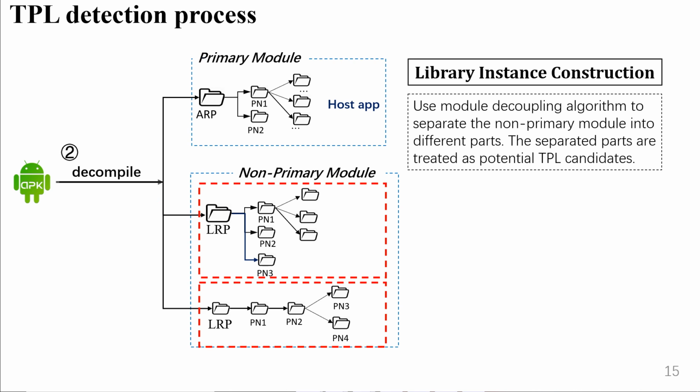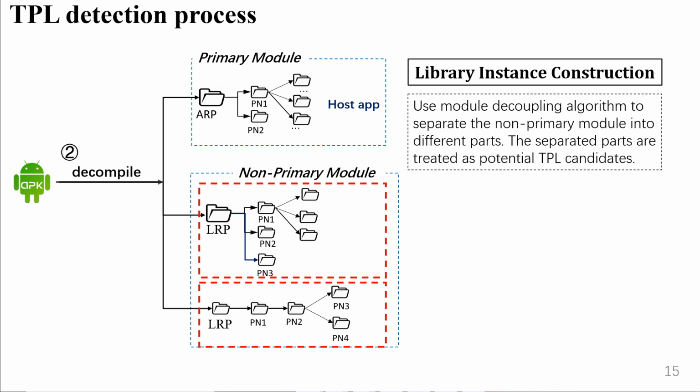The second step, we call it library instance construction. TPL tools use one or more module decoupling algorithms to separate the non-primary module into different parts. As can be seen from this figure, a decompiled app consists of 2 parts.